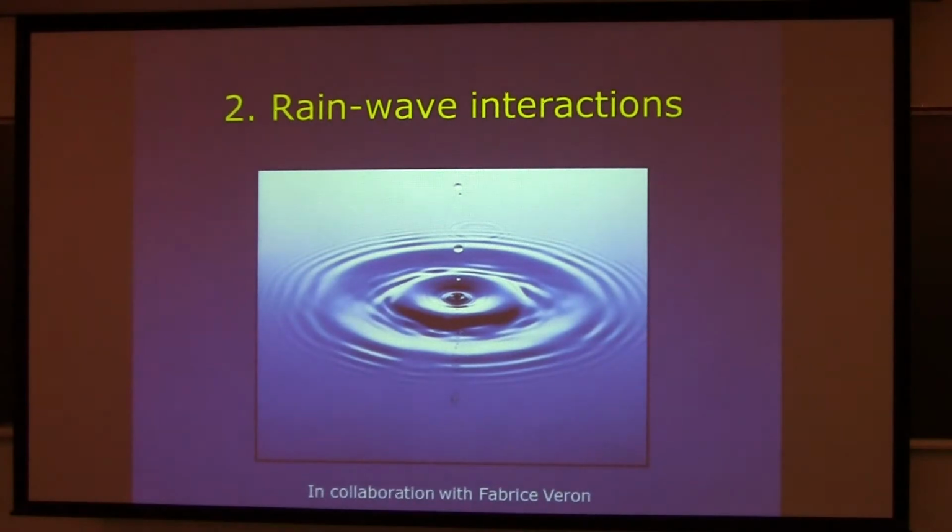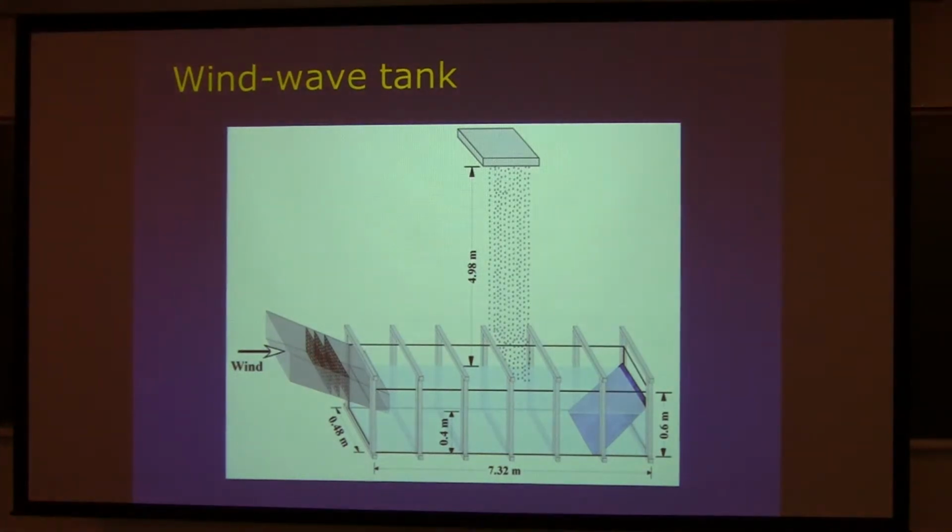All right. So switching gears a bit to the rain wave interactions. For these experiments, we actually built a smaller tank during my time in grad school. This tank is 7.3 meters long, 60 centimeters tall, and 48 centimeters wide.